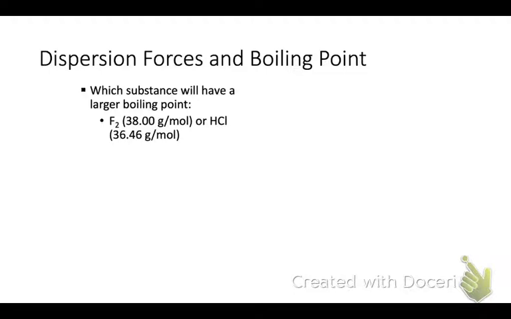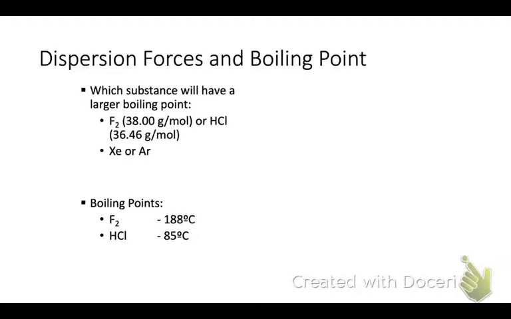For hydrogen chloride, it's a polar molecule, it's dipole-dipole. Therefore, hydrogen chloride has a stronger intermolecular force and larger boiling point. So the boiling point of hydrogen chloride is negative 85 degrees Celsius, while for fluorine gas, it's negative 188 degrees Celsius.